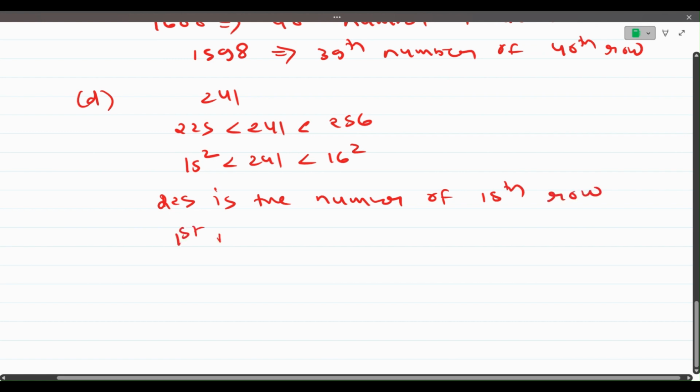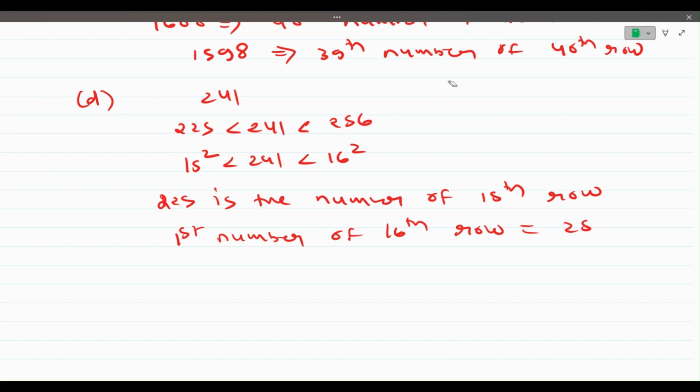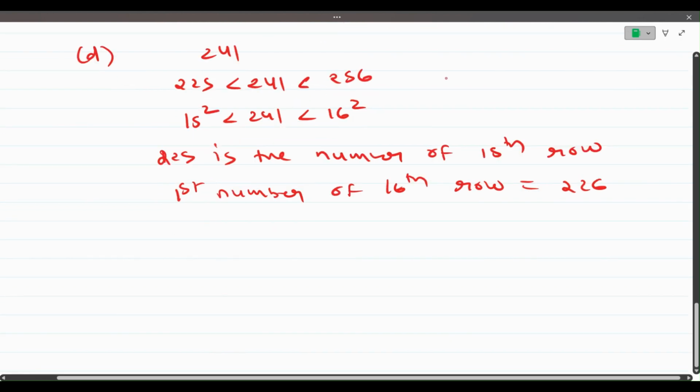So the first number of the 16th row will be 226, and the last number of the 16th row would be 256.